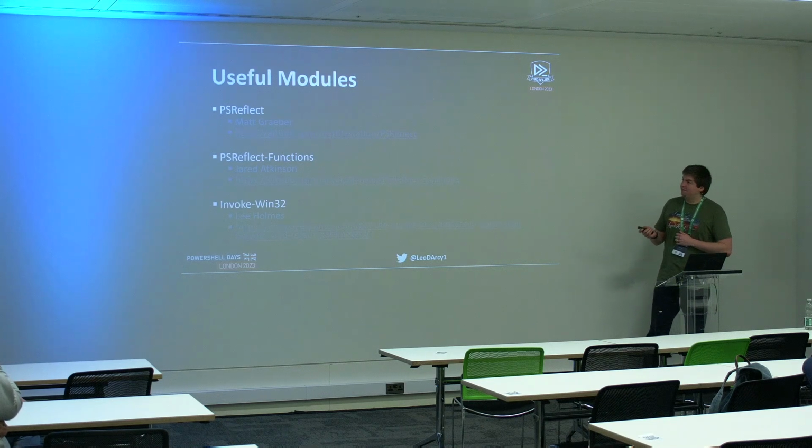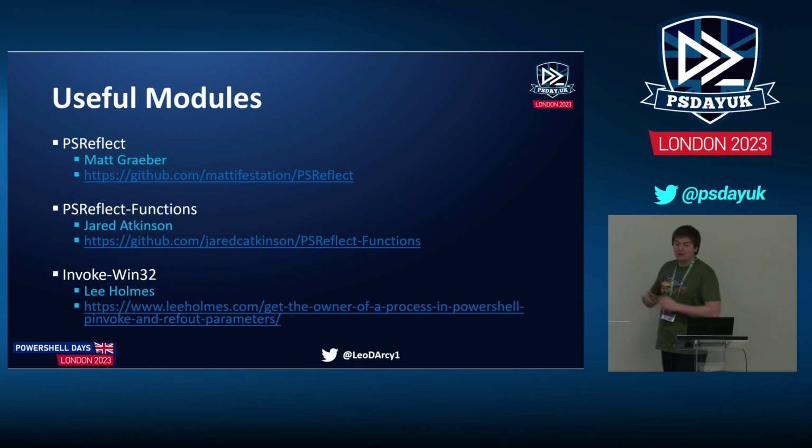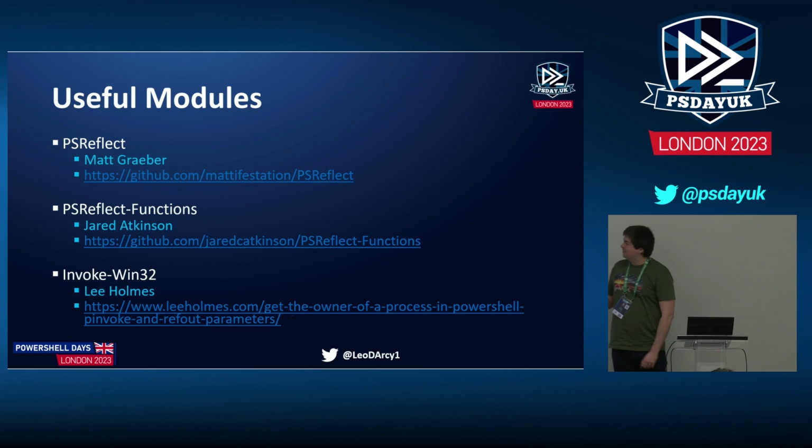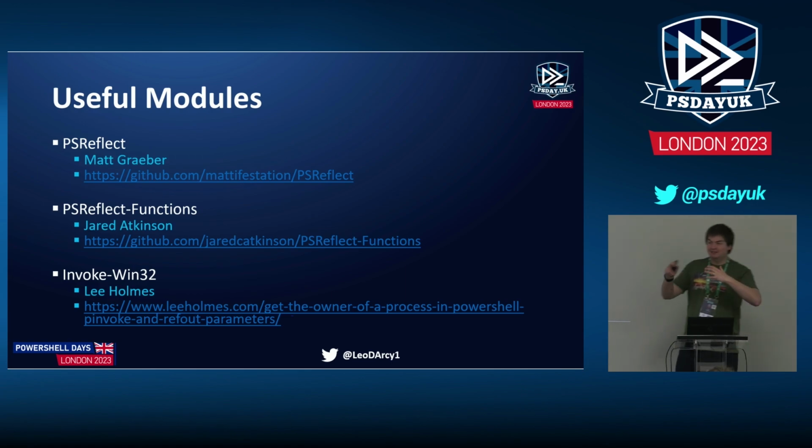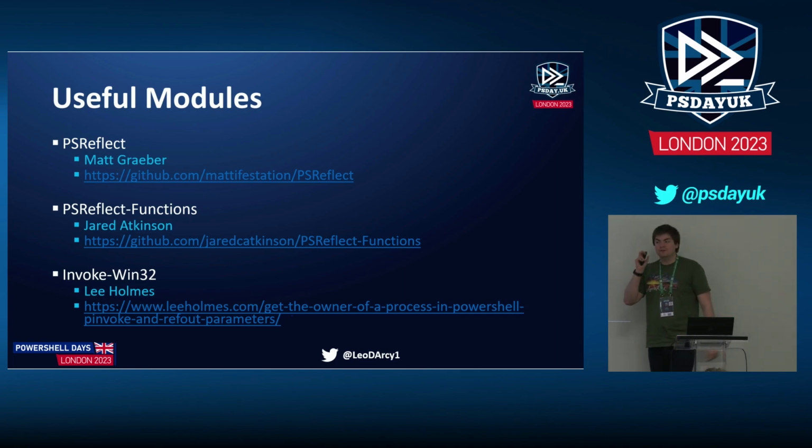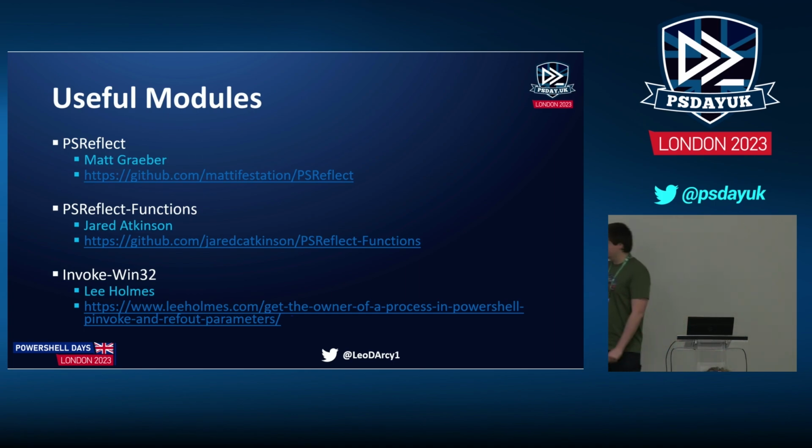But there are a couple of modules. What I've shown you was a particularly raw way of doing it. You've got PS Reflect, which is a nice way of PowerShellarizing the C# code, so it's less C# and more custom PowerShell objects. And then there's a great set of functions where, for certain APIs, someone's already done the hard work of mapping the Win32 API to the PS Reflect approach.